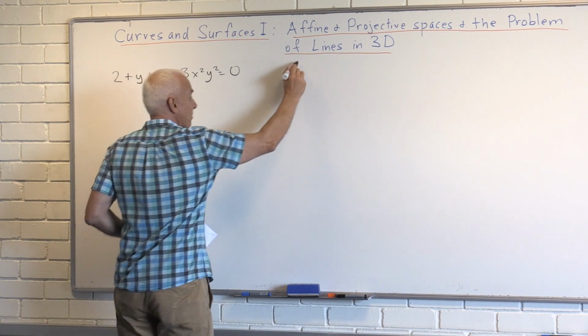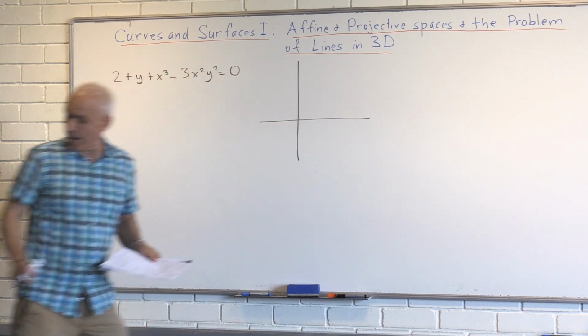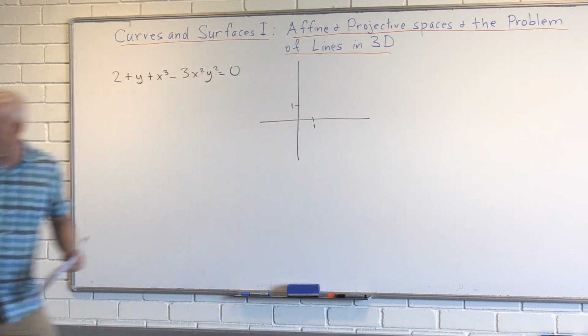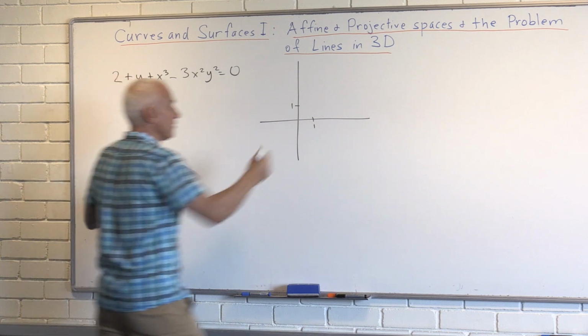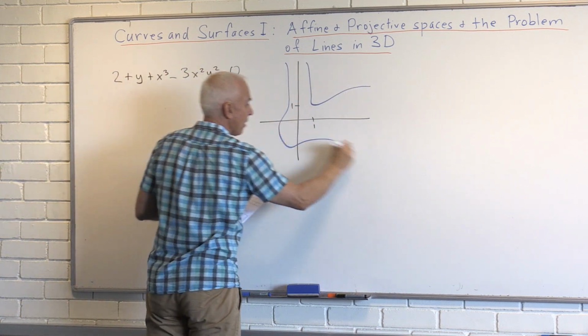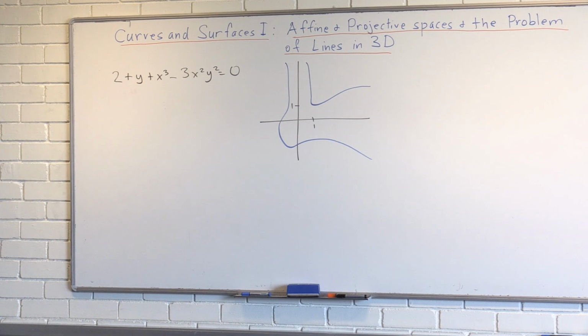And if I open up GeoGebra, I can input this thing and it will quickly give me a graph of at least part of the curve, and it looks something like this. Okay, so that's what GeoGebra tells us is the curve.